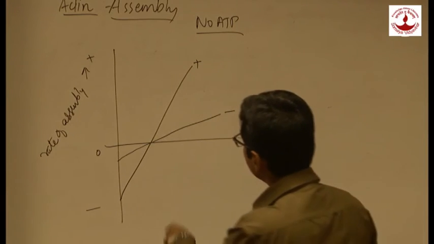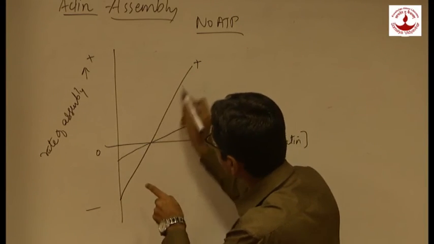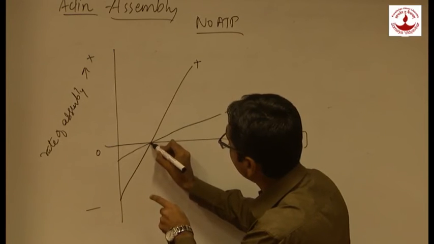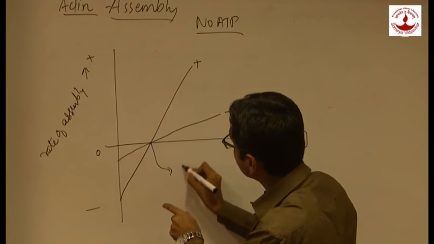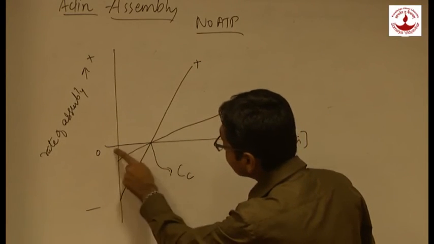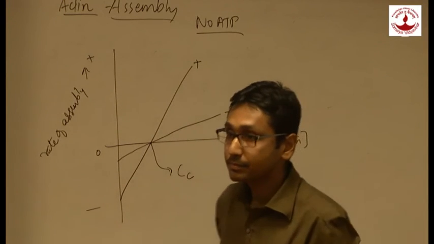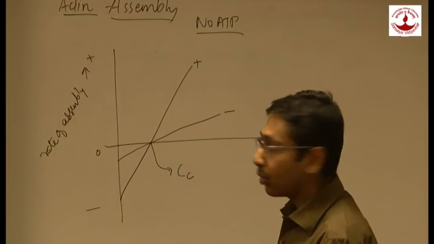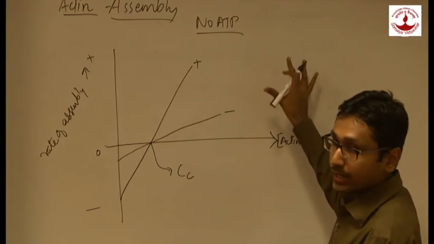In this graph, there is a point where the two lines intersect. This is the C sub C, the critical concentration at which there is no net assembly or disassembly. So this is the case where there is no ATP.